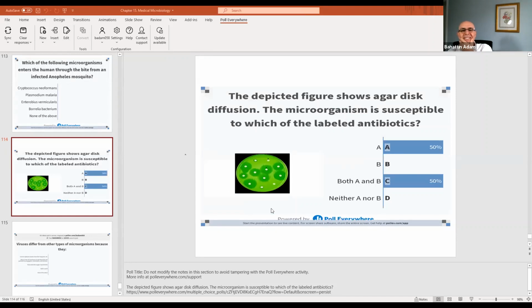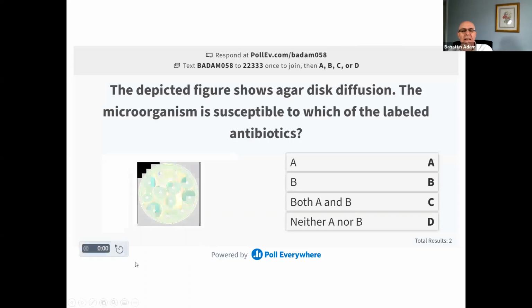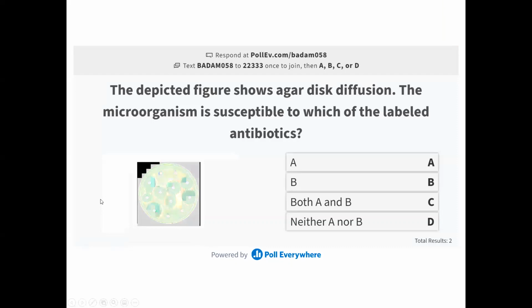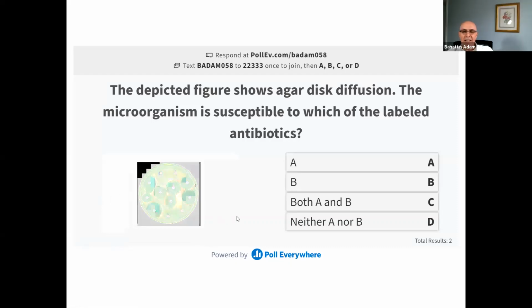Okay, now, can you see now? It looks the same. Okay, now the correct answer, let's see this. The correct answer is B. As you see, the inhibition zone. Can you see the inhibition zone?